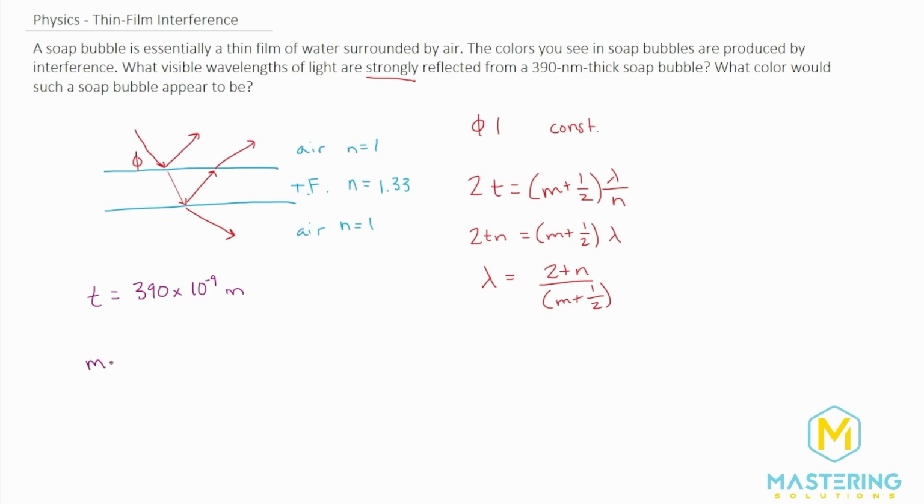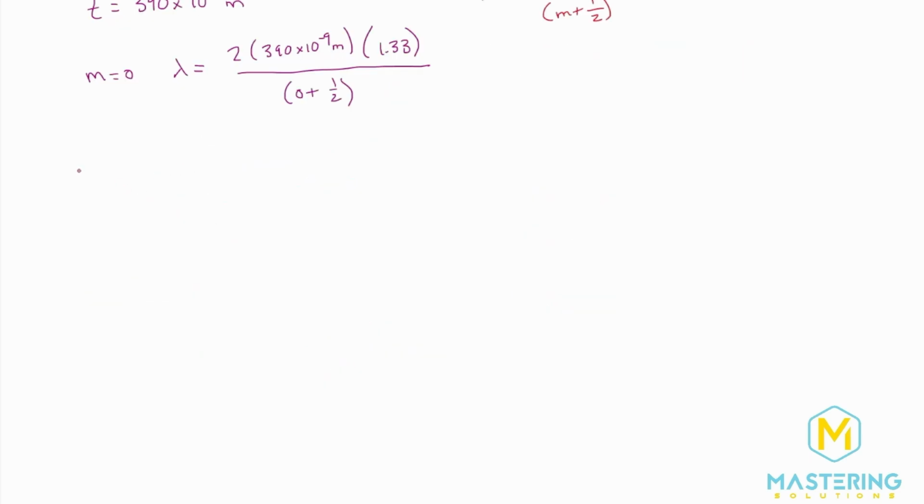So for m equals 0, if we start there, lambda is going to be equal to 2 times the thickness, 390 times 10 to the negative 9 meters, times n, which we said is 1.33 for the thin film. And all that will be divided by m plus 1/2, so 0 plus 1/2. We'll do the same thing for m equals 1.